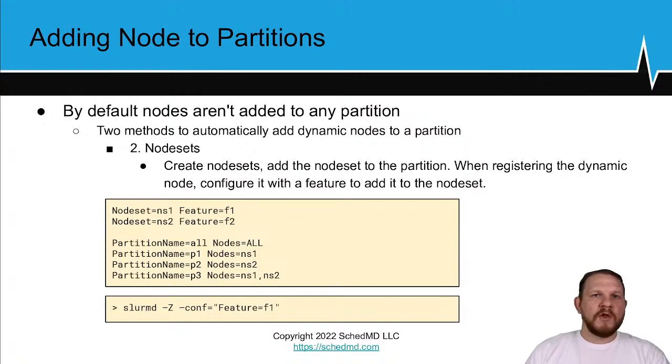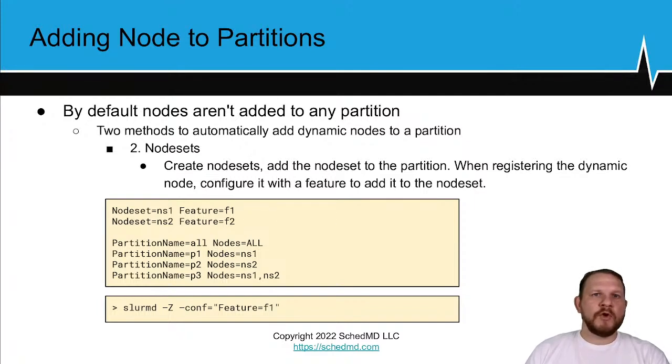The next method is to use node sets. For those unaware, node sets are ways to group your nodes together with common features, and then you can use those node sets to refer to that group of nodes versus having to list out all those nodes. Like in a partition, instead of having to list out 100 nodes, you can just list that node set, and you've already defined that node set somewhere else in the configuration file. So here I have an example of a couple of node sets, NS1 and NS2, and then I have 3 partitions, all, P1, P2, and P3.